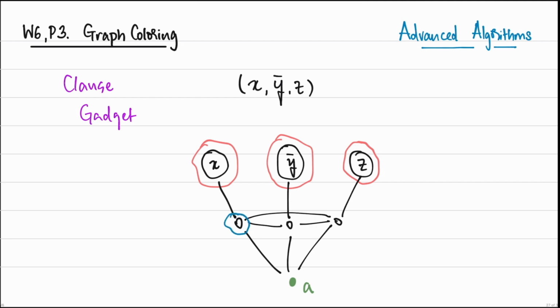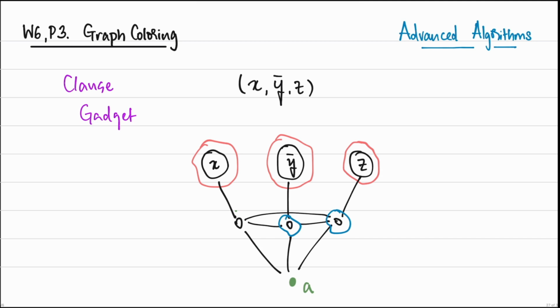So each of these vertices in the middle is forced to get the neutral color, because if it gets either red or green, you get a violation with either the vertex A or the vertices from the clause gadget side, right? So you're going to have a violation. Okay, so maybe let me make that explicit. If I color this vertex red, then this edge here will prevent this from being a valid coloring. And if I color this vertex green, then this edge will prevent it from being a valid coloring.